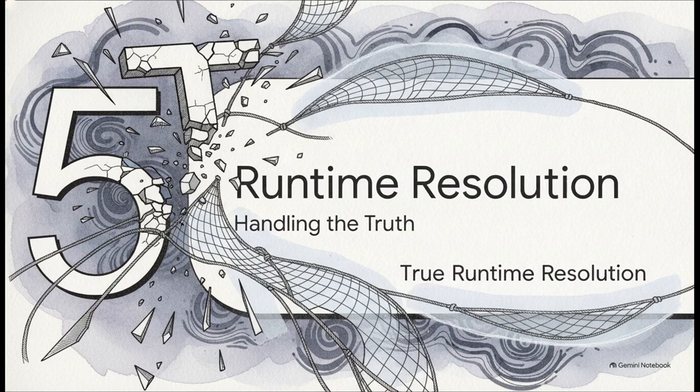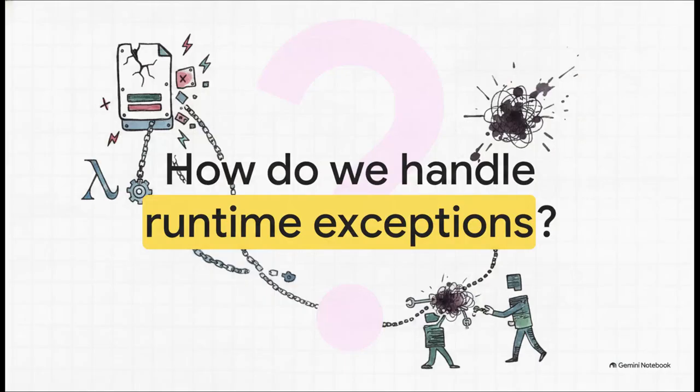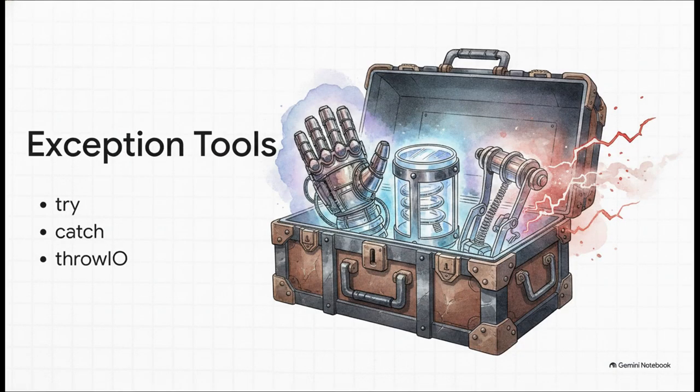Section 5. True runtime resolution. This leaves us asking a pretty vital follow-up question. If our brilliantly named, yet ultimately deceiving wrapper doesn't actually catch true I/O exceptions, well, what tools actually do the job? How do we stop our Haskell apps from crashing when the file system throws a tantrum? The answer, of course, lies in using the right tools for the right job.